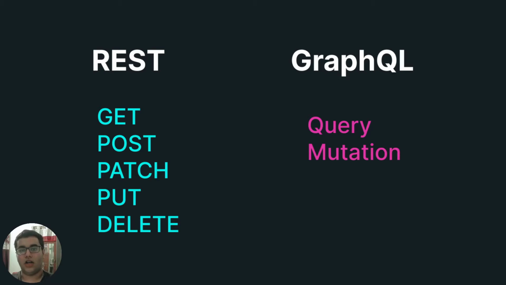But in GraphQL, you have two basic operations, that is query and mutation. Query is similar to get, and mutation is similar to the rest like post, patch, put, delete, everything. So you have two basic operations that you do in GraphQL.